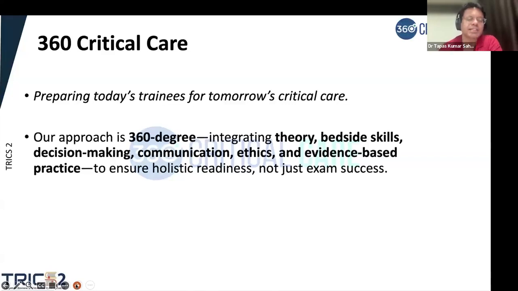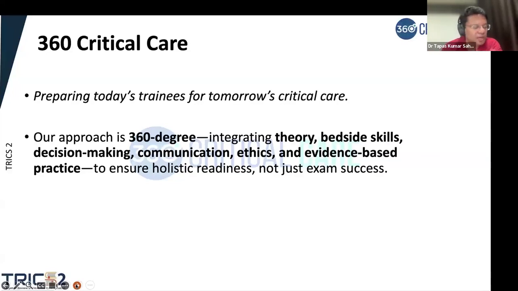And our approach is 360-degree. That's why it is 360 Critical Care, integrating theory, bedside skills, decision making, communications, ethics, and evidence based practice. It's not only the hard skills, rather soft skills also, to ensure holistic readiness, not just exam success.